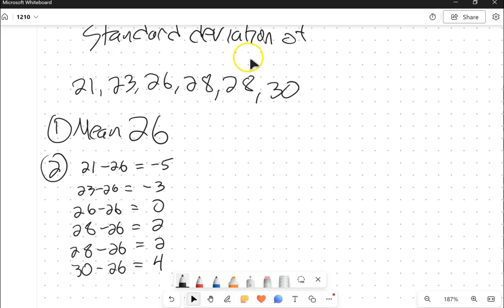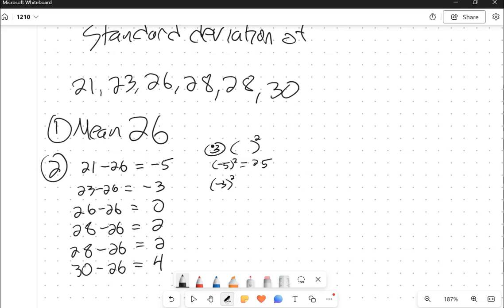So however many numbers you have originally, we're still working with that many numbers in the standard deviation. Step 3, you square. So negative 5 squared is positive 25.